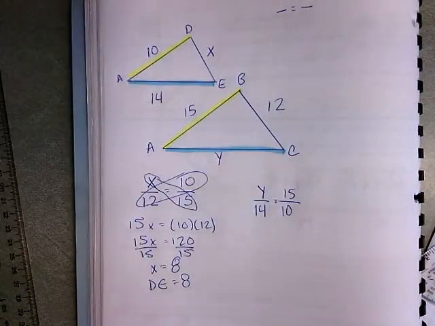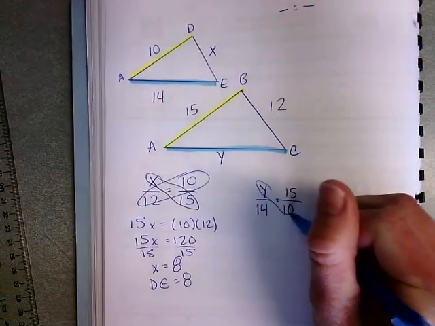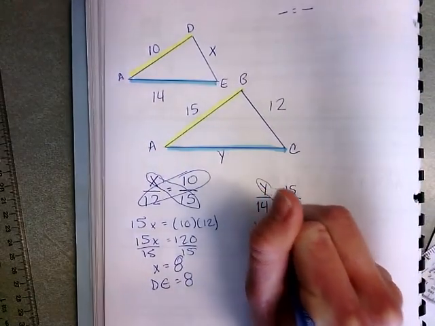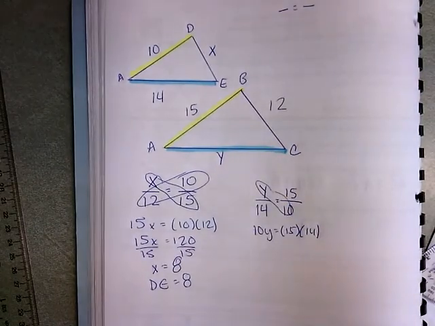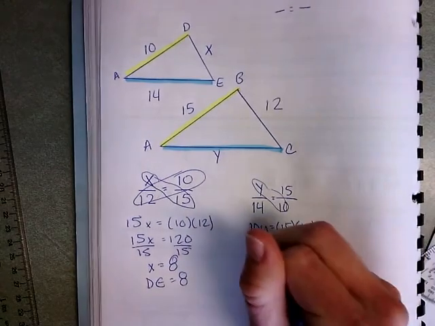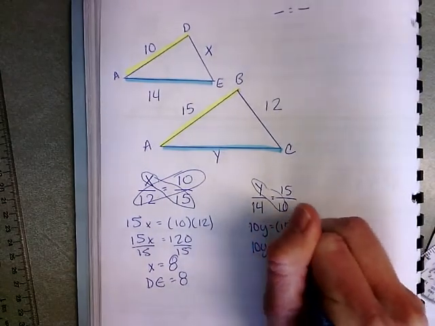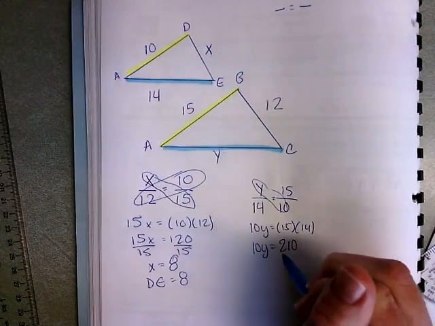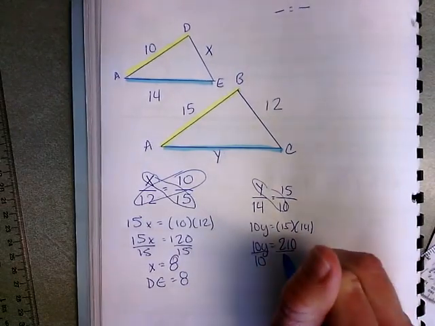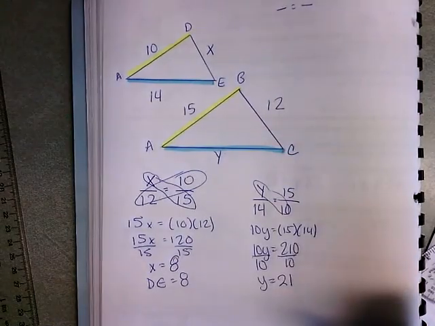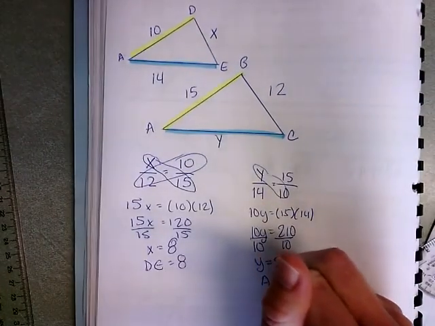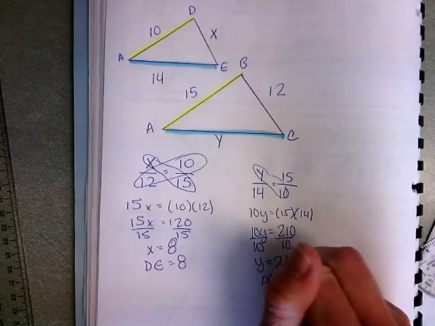I do the same process and cross multiply. So 10 times y is equal to 15 times 14, so 10 times y is equal to 210. Now divide by 10, so y is equal to 21. So the length of AC is equal to 21.